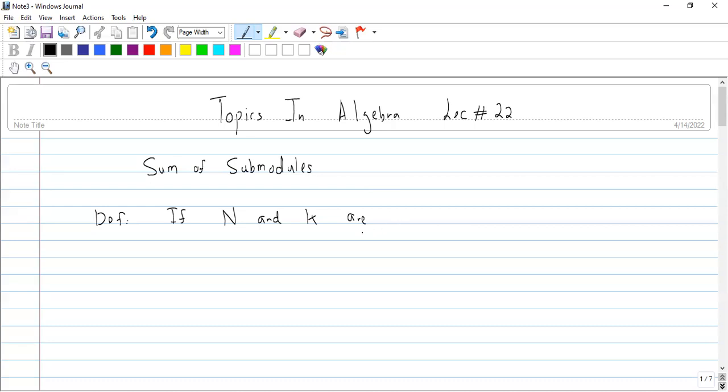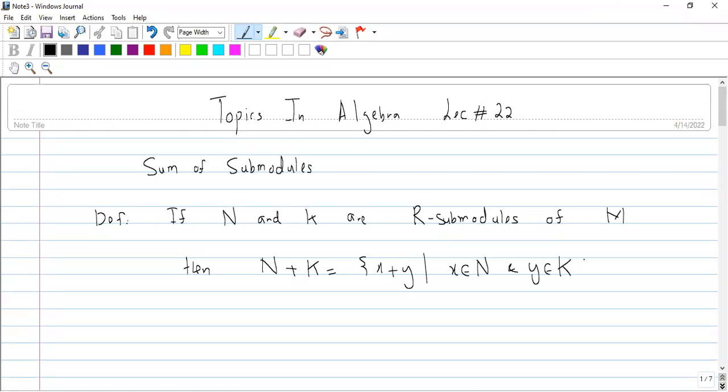So how can we define the sum of modules? If n and k are submodules of M, then n plus k can be defined in this way: it contains elements in the form of x plus y, where x is an element of n and y is an element of k.